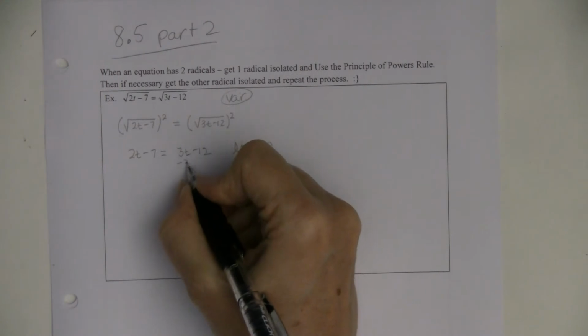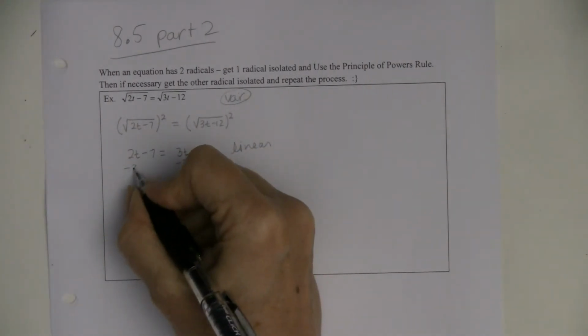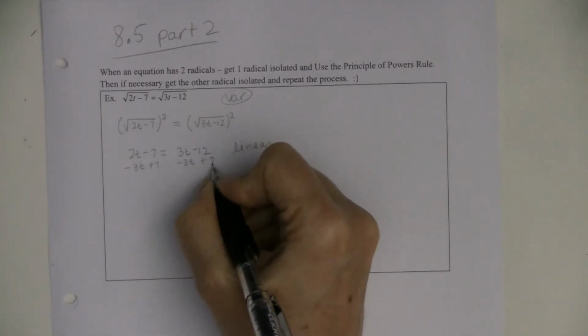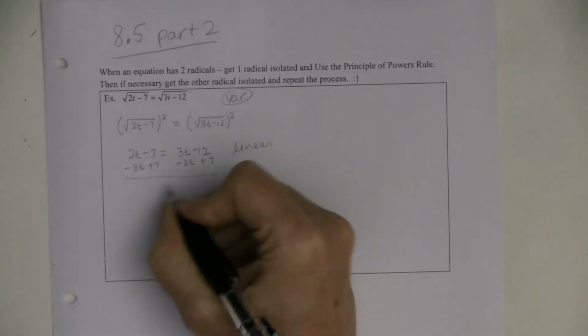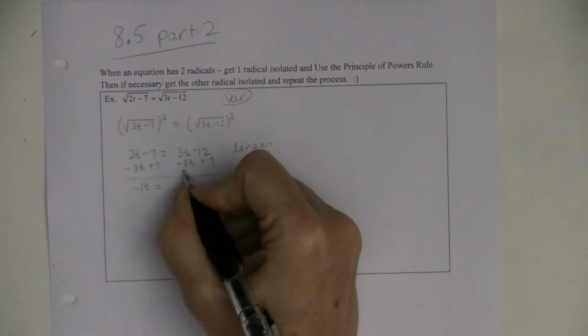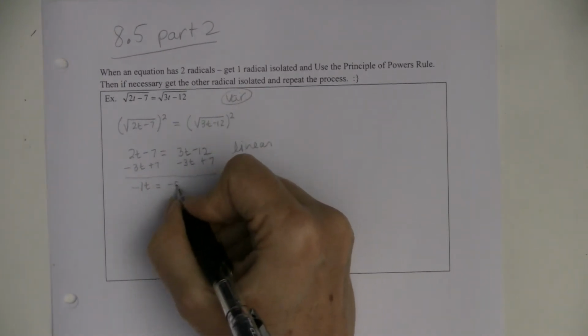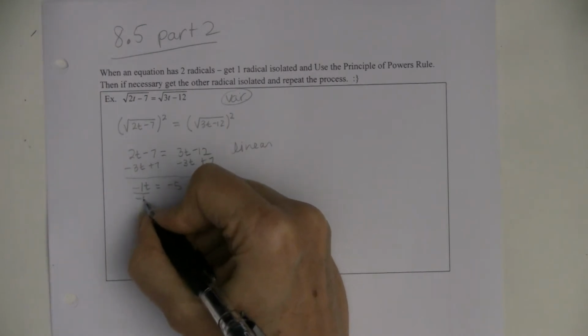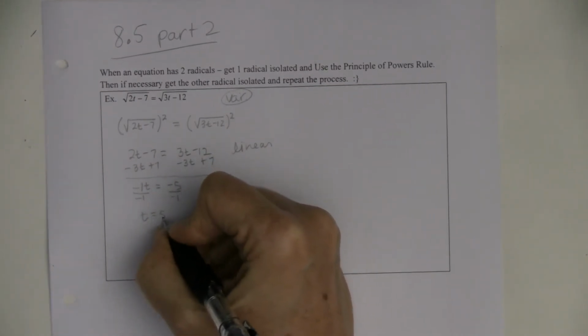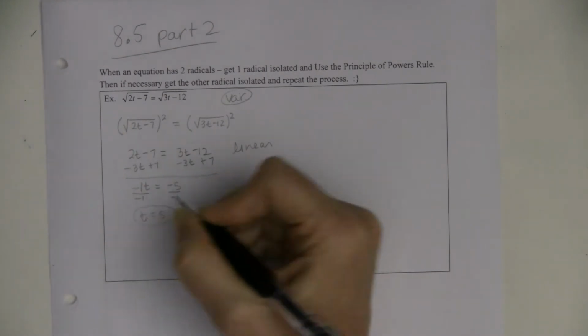So you take away 3t from both sides to get the t's on one side, and you add 7 to both sides to get the numbers on the other side. You get 1t equals negative 5, and then you divide both sides by negative 1. Maybe you did it differently, and are already done solving and asking me what took me so long, right?